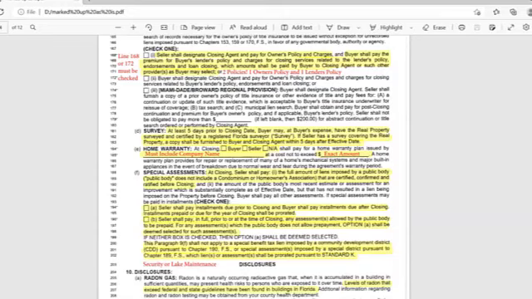Or the buyer shall designate the closing agent and pay the owner's policy and charges for closing services related to the buyer's lender's policy, endorsements, and loan closing. We don't have to worry about the Miami-Dade Broward provision because we're not doing business in that area. This is for our board here or our association here.